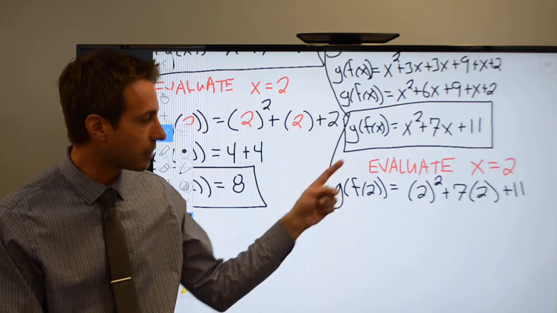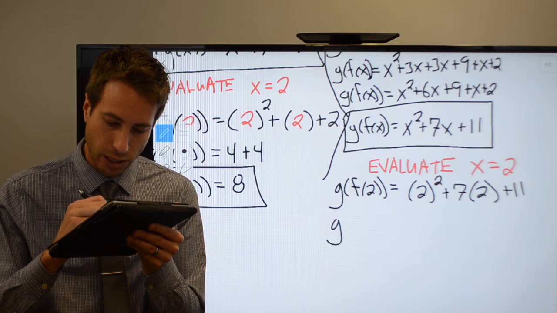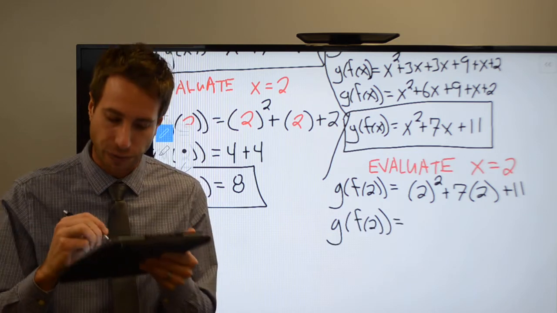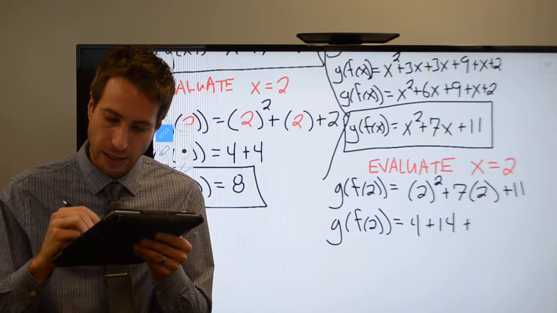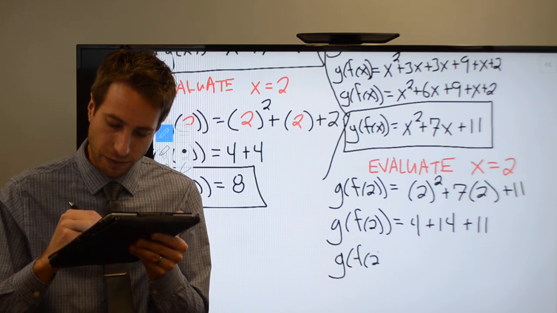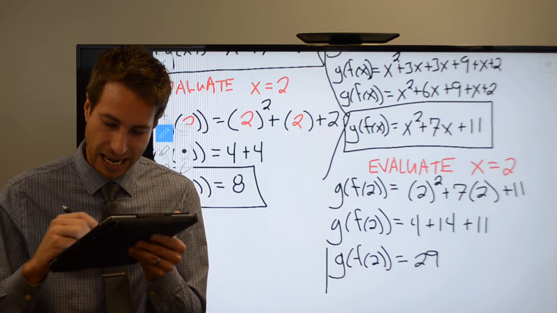That's what I'm going to plug into my composite function and see what we get out. g of f of 2. 2 squared is 4. 7 times 2 is 14, plus 11. So g of f of 2 is going to be equal to 29.